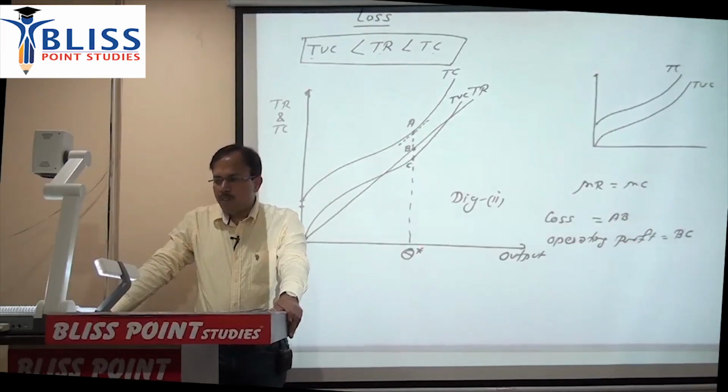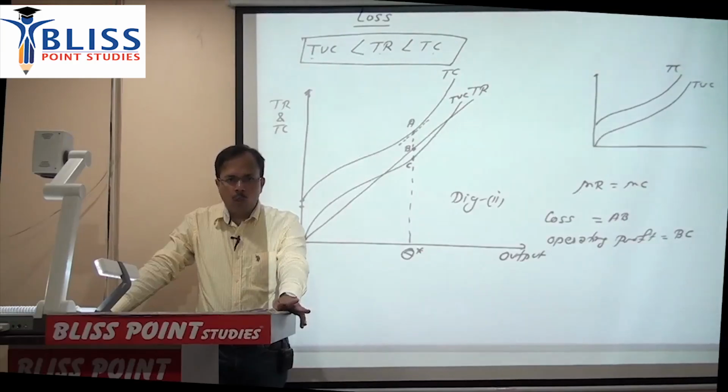Operating profit is the difference between total revenue and total variable cost.